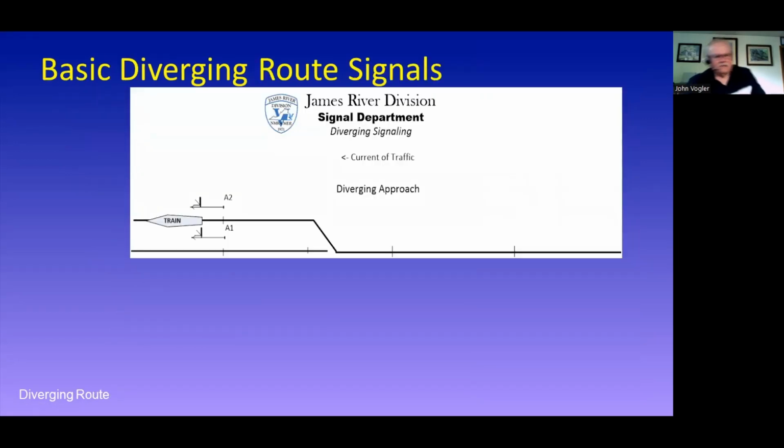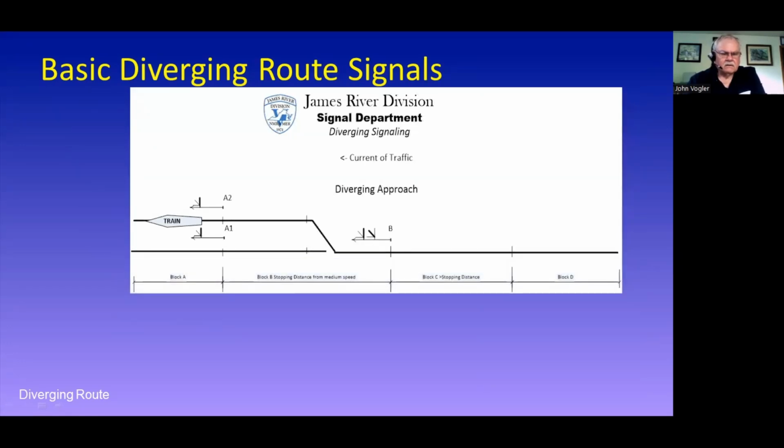And here's how we would do a diverging. So I've added another track here. I've called it A2 track, A2 block. A1 is the main block. A2 is the diverging block. We've got stopping distance from medium speed from B to A1.